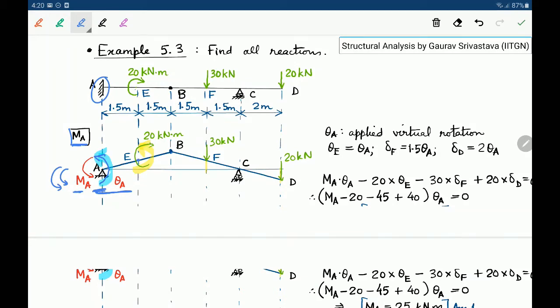Okay, at the point E, there is a clockwise moment acting. Now this is opposite to the applied virtual rotation, and at point E, the virtual rotation will be the same as that of point A because this is a straight line.